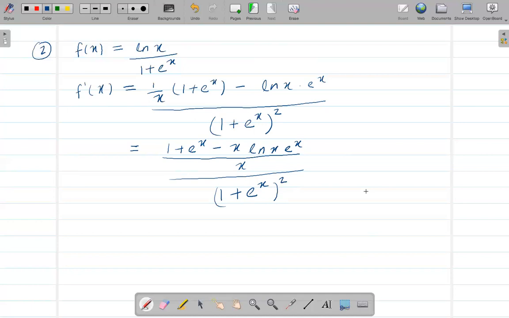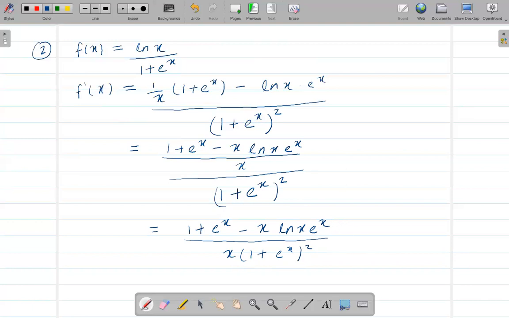If you simplify this again, the x will go to the bottom. So e to the power x minus x times natural log of x times e to the power x, divided by x times (1 plus e to the power x) squared.